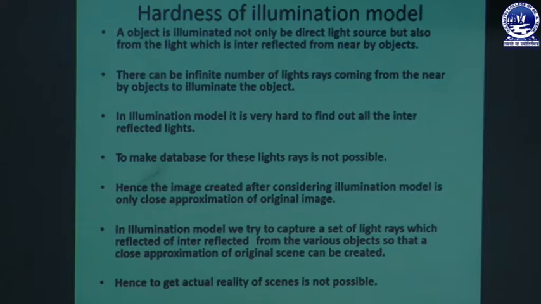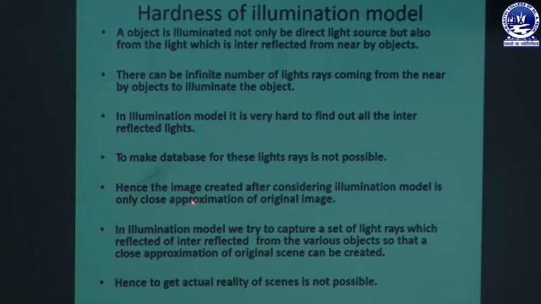Another difficulty arises: there can be an infinite number of light rays coming from nearby objects to illuminate the object, and it is very hard for the illumination model to find all the inter-reflected lights. Creating a database for these light rays is not possible.